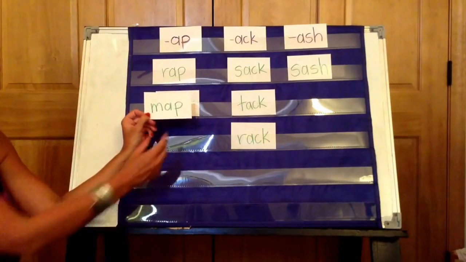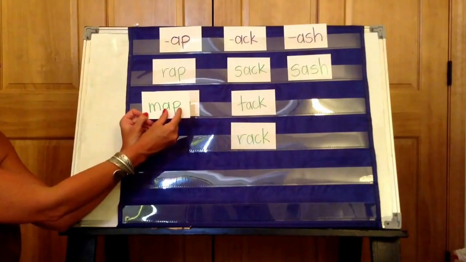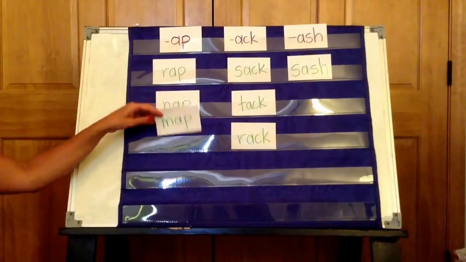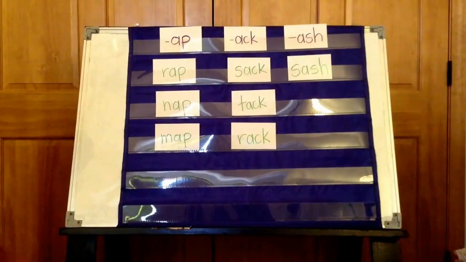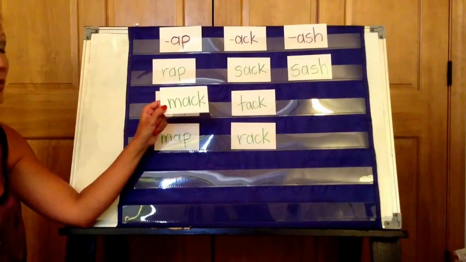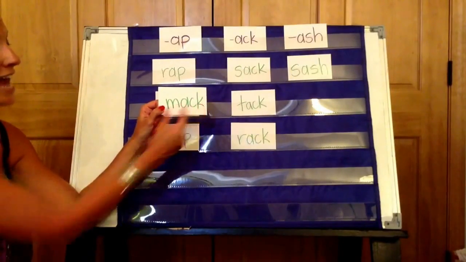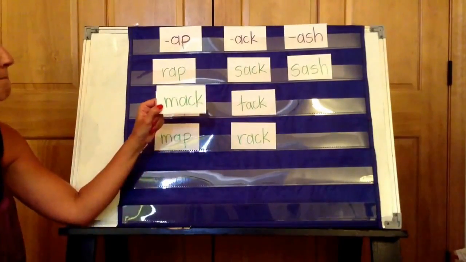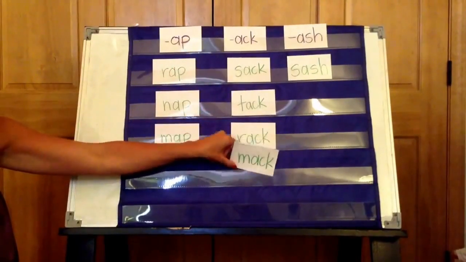This next word, when I look for parts, I also see the app word pattern, and I'm going to read this as app, map. This next word, when I look for parts, I see the ack word pattern. So I'm going to read this as ack, mac, and I'm going to sort it under ack.